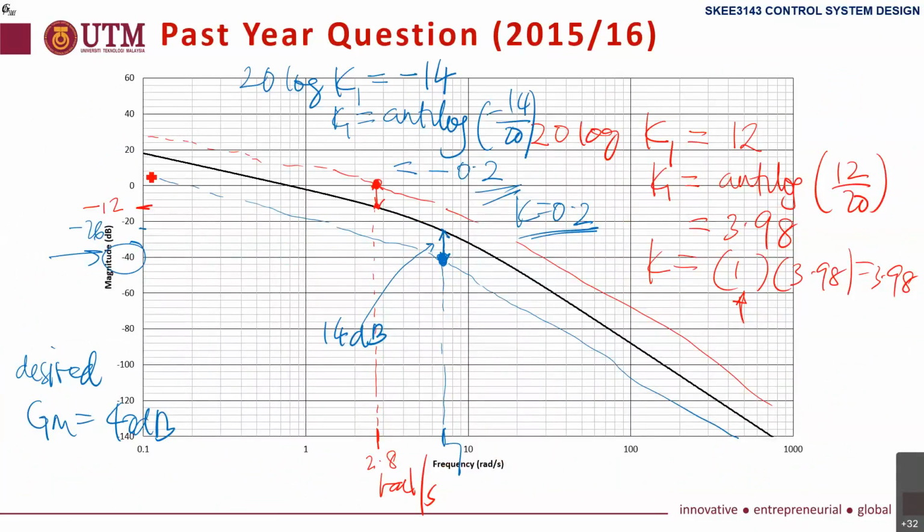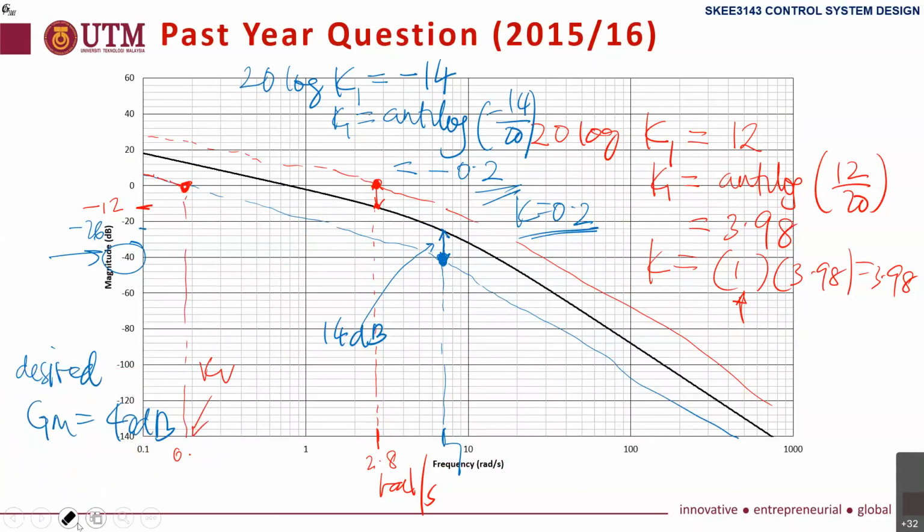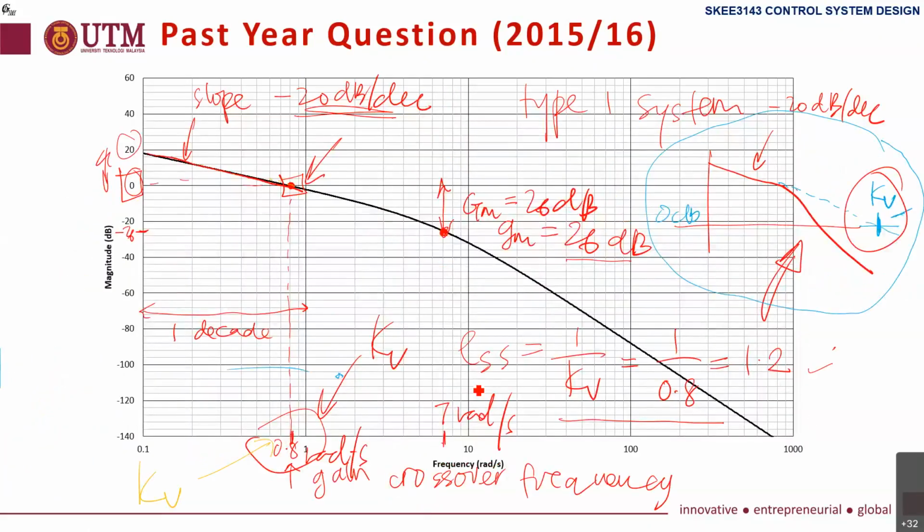Now Kv becomes here, maybe 0.17. Kv initially, the original Kv, was 0.8.